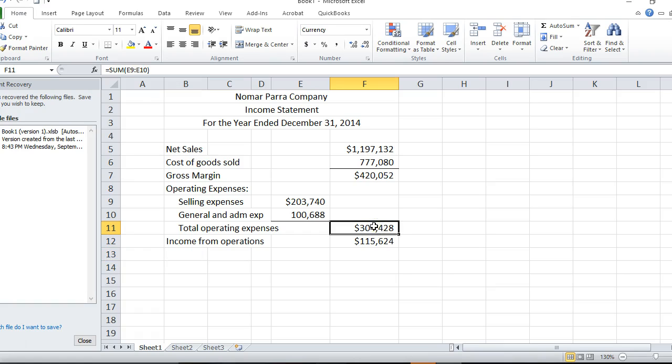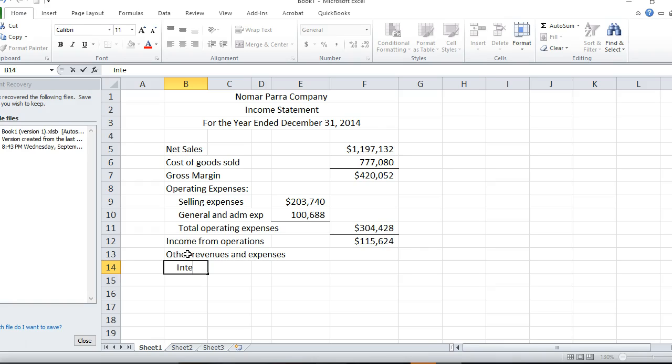Our next category is going to be other revenues and expenses.